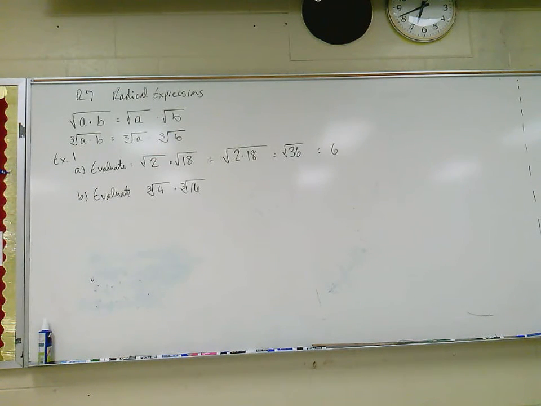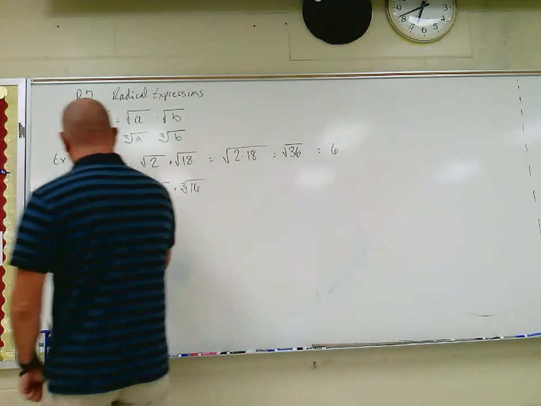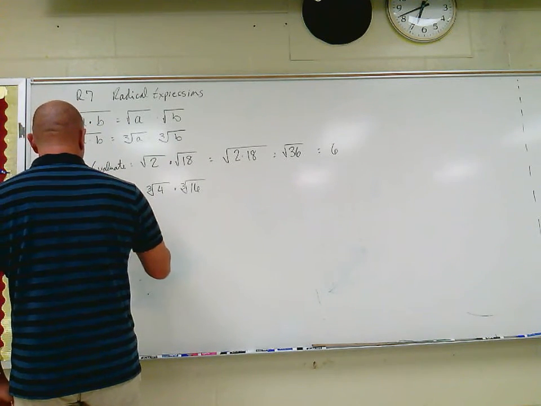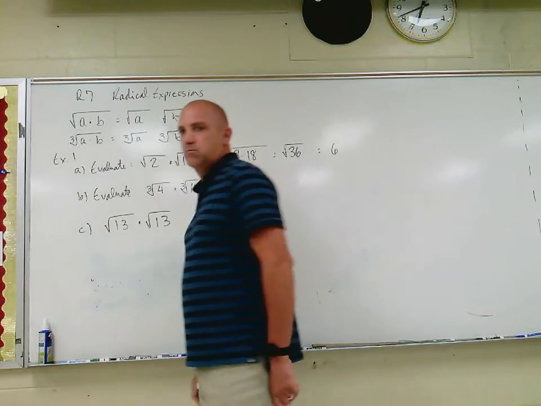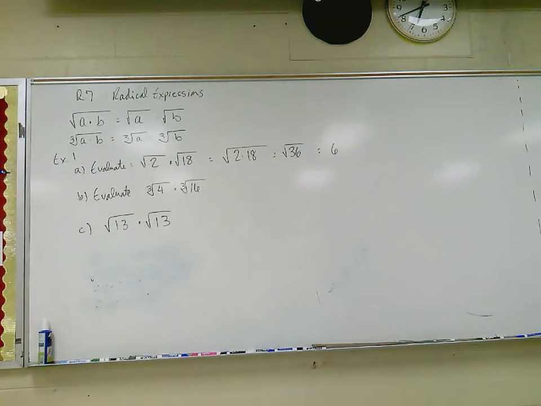So can you combine those into 1 cube root and hopefully have a perfect cube, and then finish the problem from there? And then after you get that one done, explain to me what's the shortcut for this part C. That's all the same type of problem.